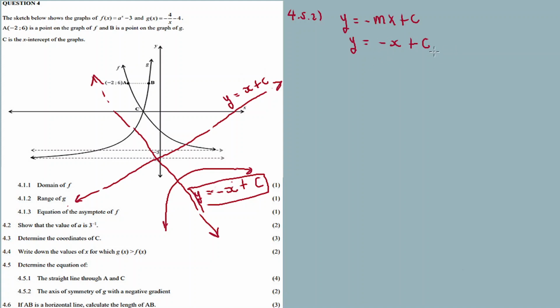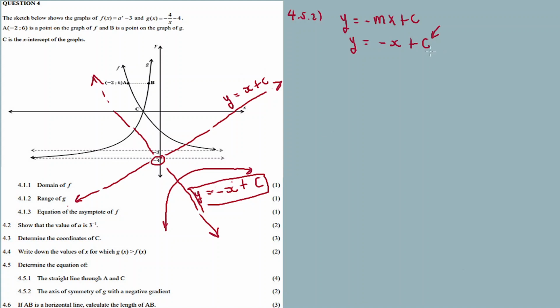Okay, let's continue. Now I need to find the value of c. The c is the y-intercept, right? It's the y-intercept. Now our y-intercept is negative 4.